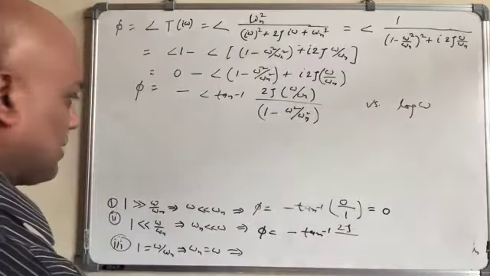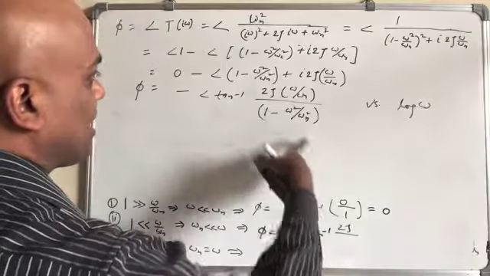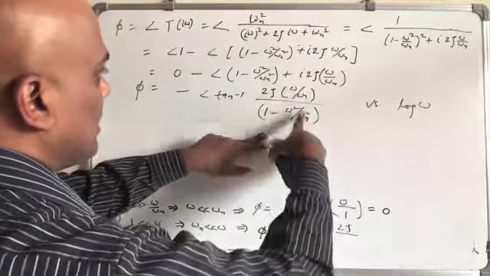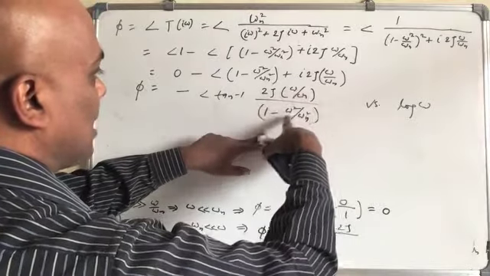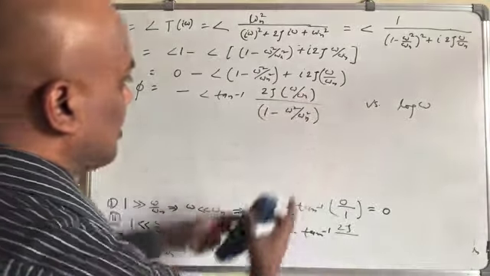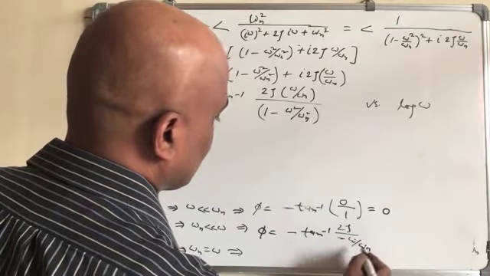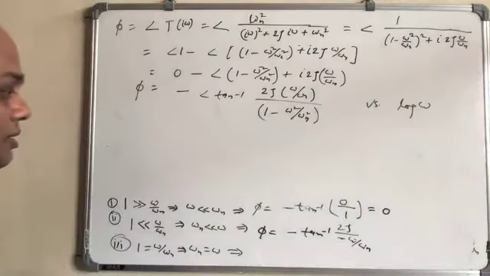Otherwise it is correct. So you have 2 zeta, and then omega over omega n, and this will be gone, so you have minus omega over omega n, right? So this is what it will be.